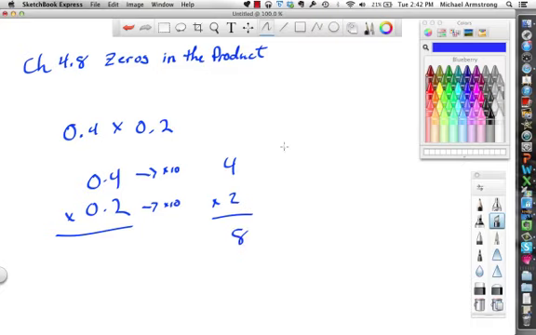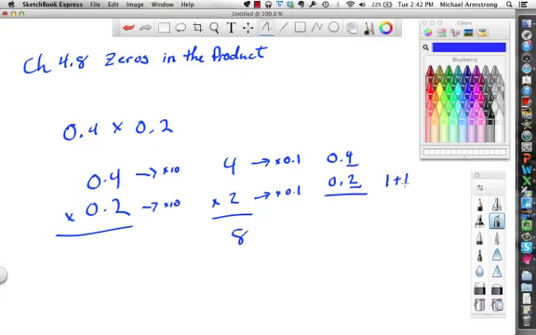And then they want you to put the decimal back in. The problem is that when you bring it back out and you multiply by 1/10, and you get back to 4, multiply by 1/10, and you get back to 0.2, then your answer has to have this plus this.